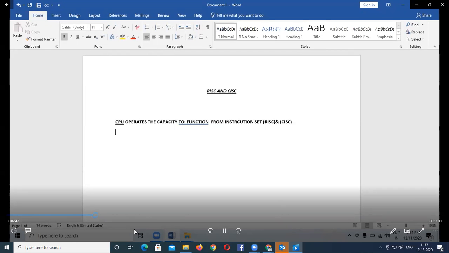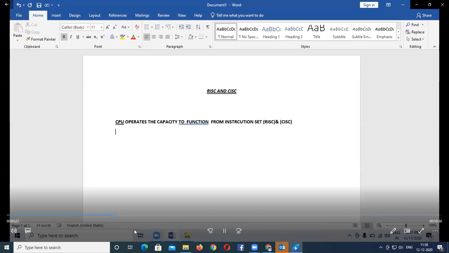Reduced instruction set computing in a central processing unit is a design strategy based on the version that a basic instruction set gives great performance when combined with a microprocessor. This architecture discusses the difference between RISC and CISC architecture.